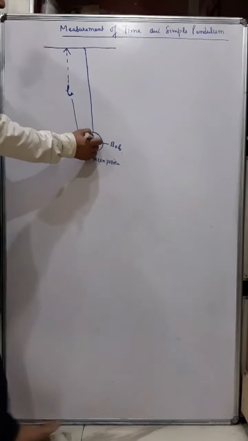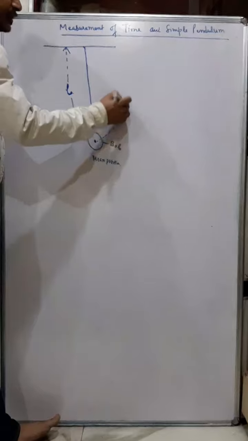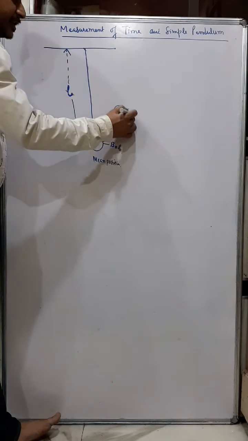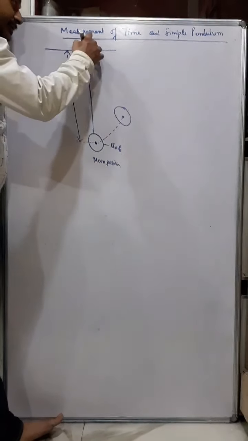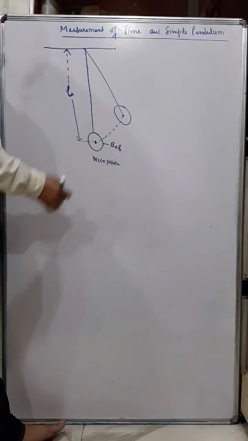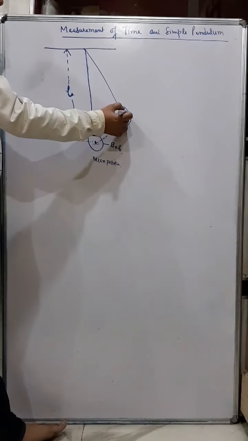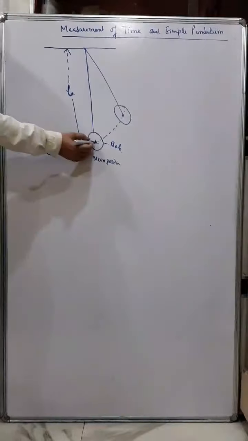Naturally the pendulum will oscillate in this way, and suppose the bob came here, it will go there, and then again it will come here.